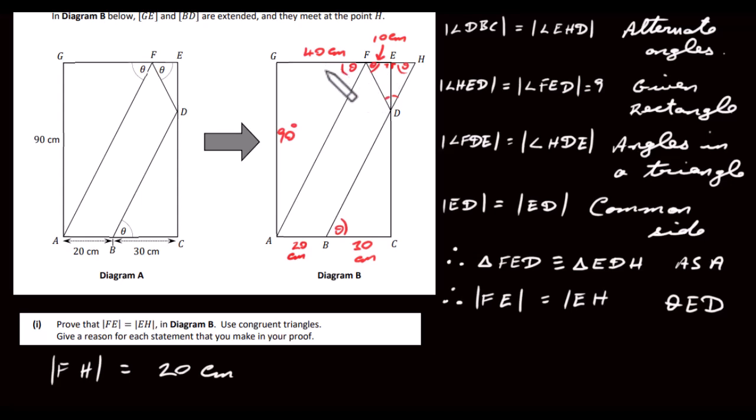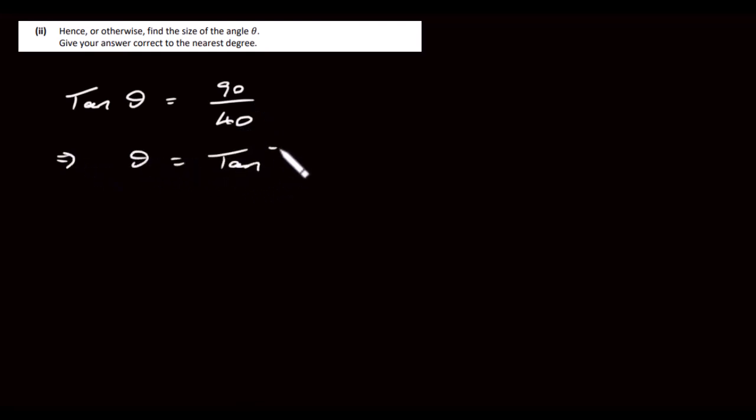This triangle here has the angle theta that we are required to find, and we have an opposite and an adjacent, so we can use tan of theta is 90 over 40. Let's write that out. So tan of theta is equal to 90 over 40. That gives me theta is equal to tan inverse 9 over 4.